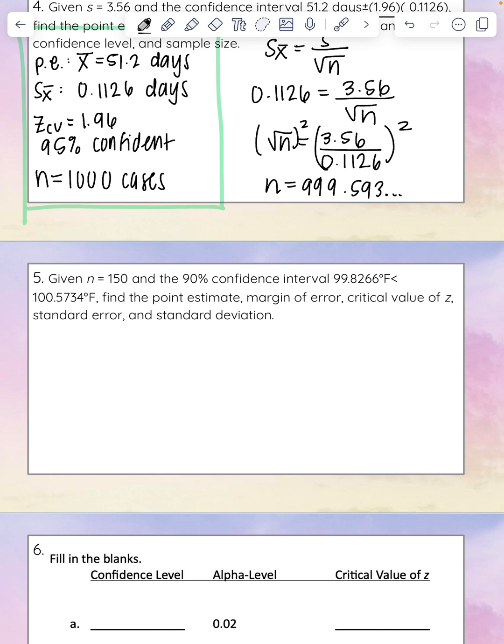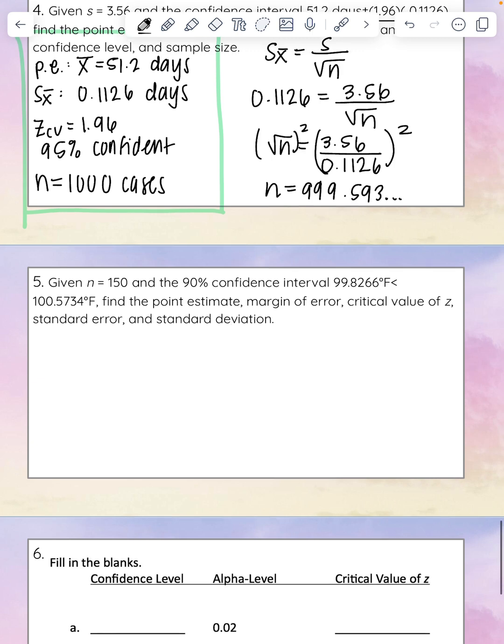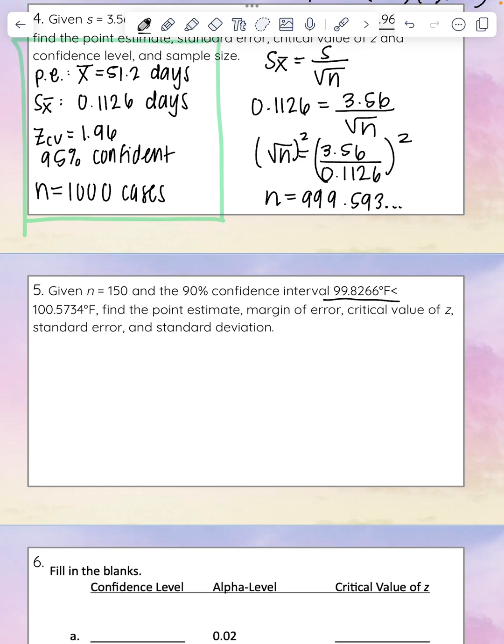Okay, given n is 150 and the 90% confidence interval, find the point estimate, margin of error, and critical value of Z. Okay, so point estimate, again, when it's in this range, you're going to add those together and divide by 2. So 99.8266 plus the upper bound, divided by 2.